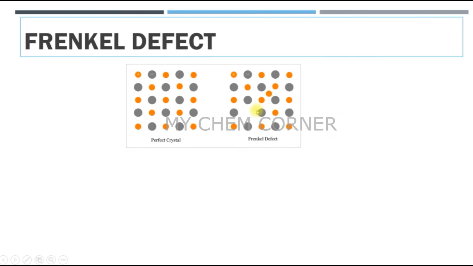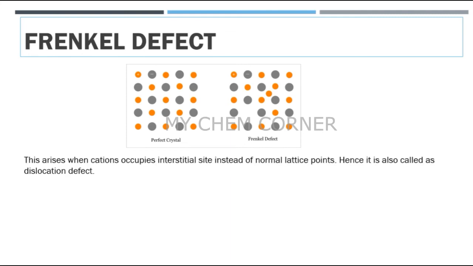This arises when the cations occupy an interstitial site instead of moving completely outside the crystal. So here what happens is you are finding a dislocation defect, because here the cation is getting dislocated from its normal site and it's moving to some interstitial site.